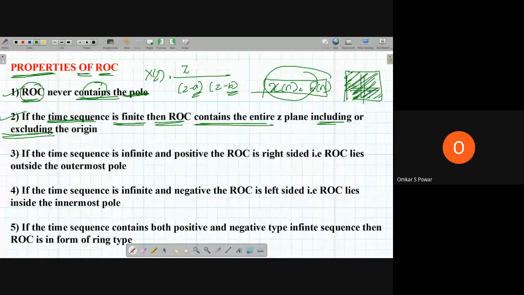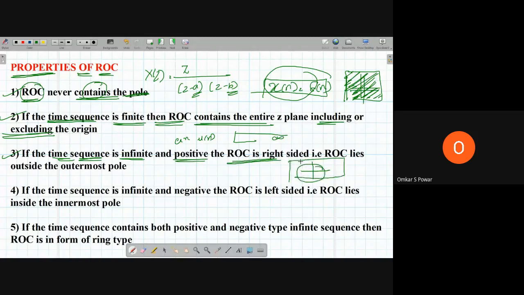The third property: if the time sequence is infinite, for example a to the power of n u of n, which is a unit step, it is infinite and positive, then ROC is right sided. So ROC lies outside the outermost pole. I forgot to say one thing: zeros are represented by a circle and poles by an X mark.